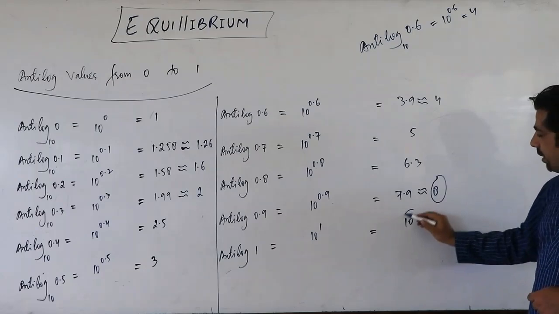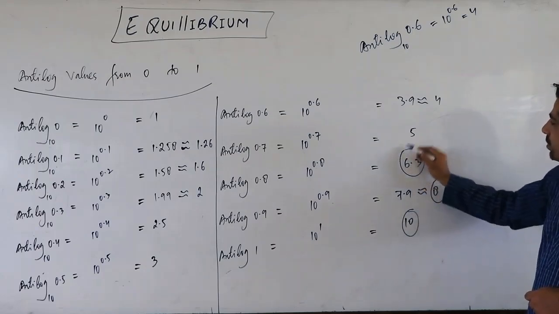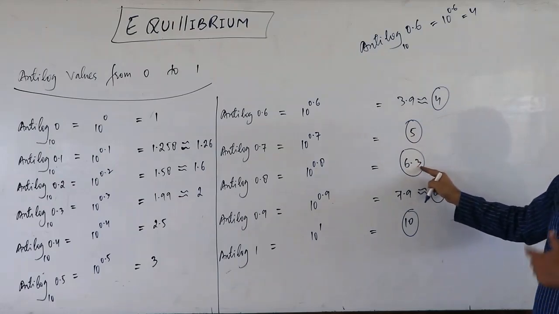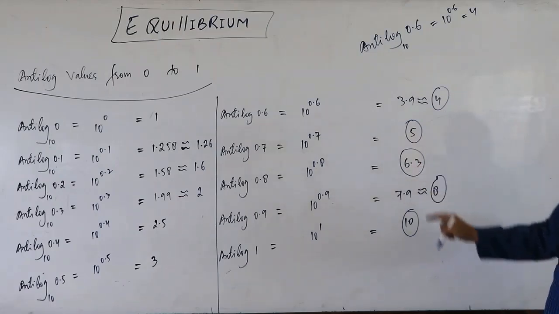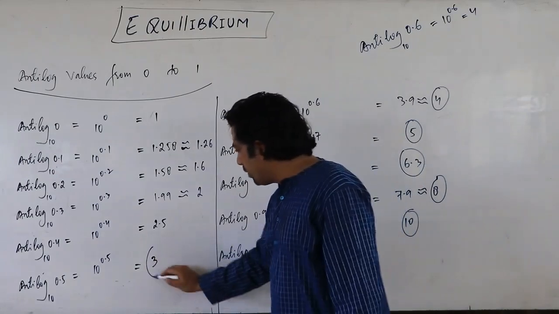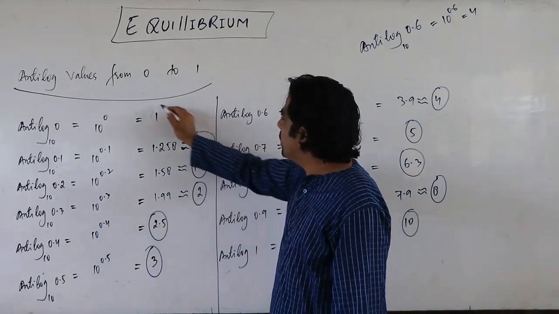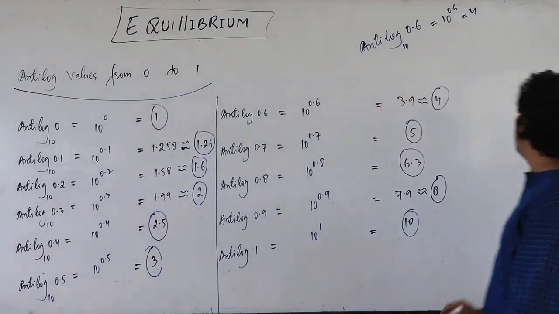So let me encircle these numbers which I need. In place of 6.3 you can take 6 also, does not matter. So have a look here: 3, 2.5, 2, 1.6, 1.26 and 1. So let me write down those numbers now.